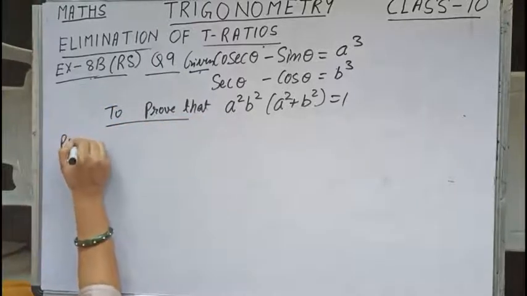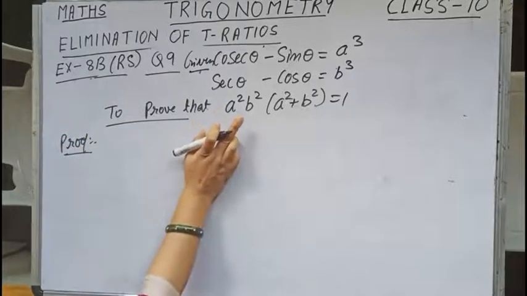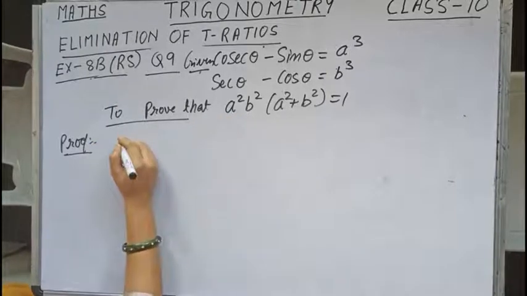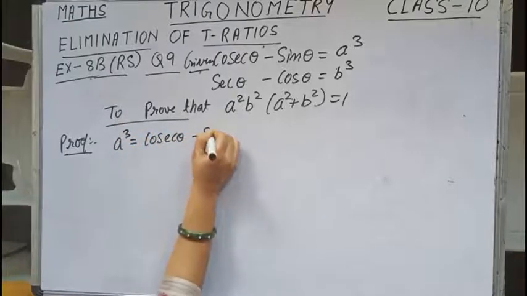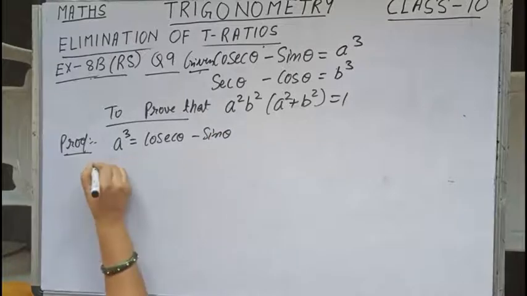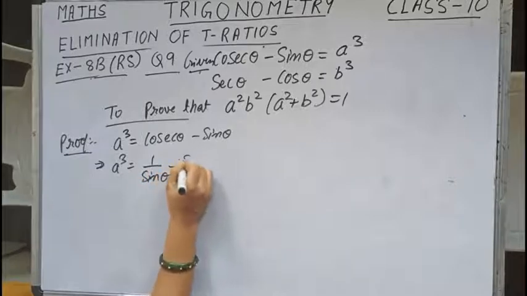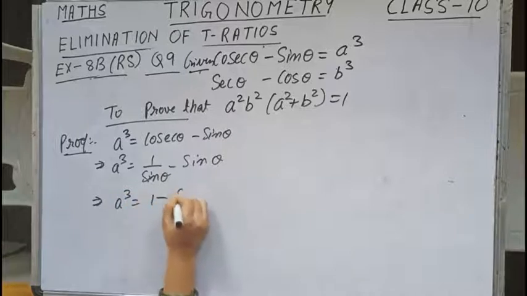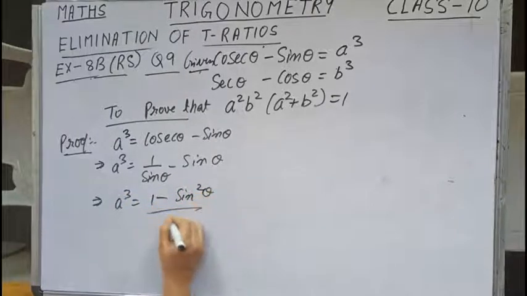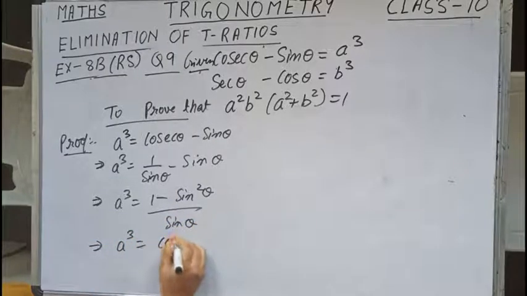So I am starting the proof. We have a cube equals cosec theta minus sin theta. So let us start solving. A cube equals cosec theta minus sin theta, implies a cube equals 1 by sin theta minus sin theta, implies a cube equals (1 minus sin square theta) by sin theta, implies a cube equals cos square theta by sin theta.